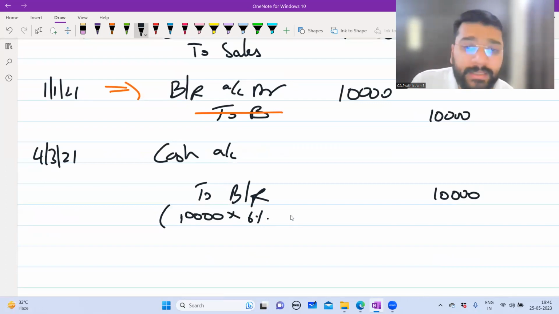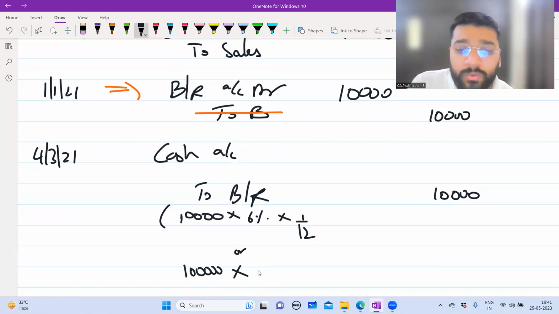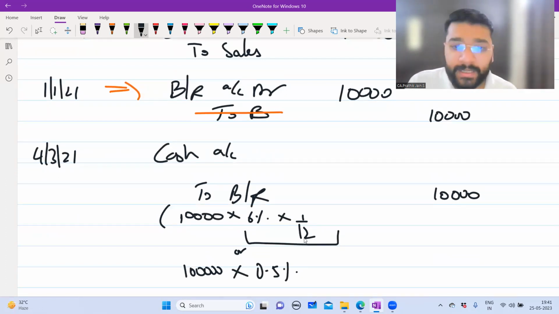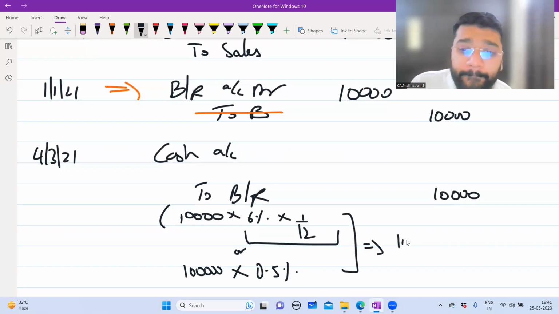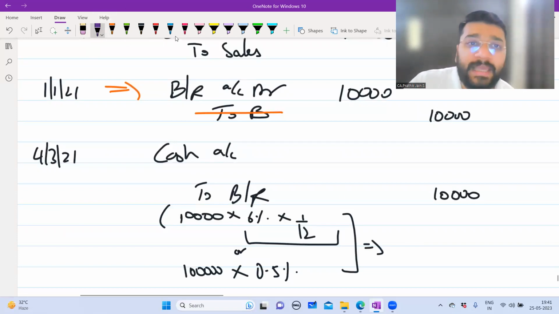This is interest for 12 months. We want for 1 month, so into 1 by 12. Or we can do 10,000 into 0.5 percent, because if you multiply these both, it is 0.5 percent. So in either way, what is my interest? 50 rupees. Okay. So 50 rupees less I will receive.